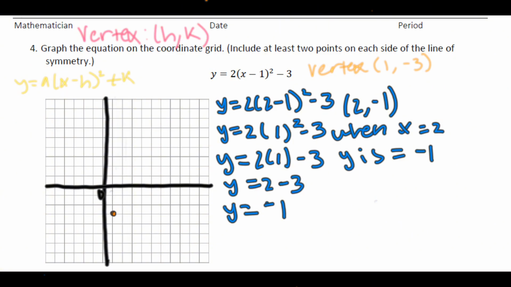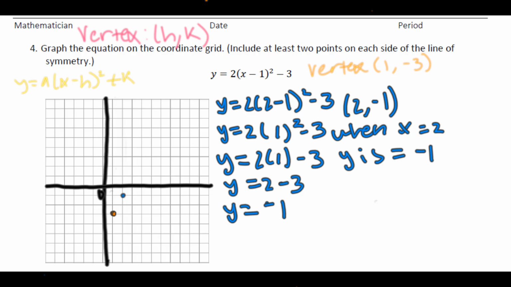So now I'm going to just plot the point (2, -1), and I'm just going to repeat this process with 3, and then I'm also going to do -2 and -3 just so that parabolic shape is a little bit more noticeable. With that math, I am going to do the majority of it off screen, but feel free to go back to the example of where I plugged in 2 for the x to understand how to solve it algebraically.